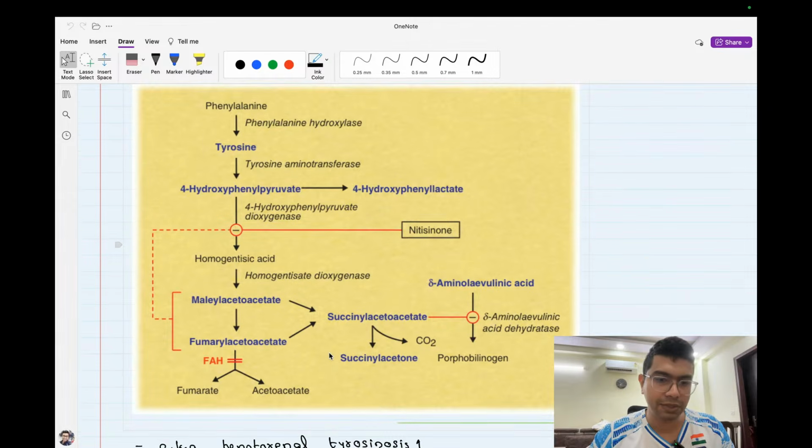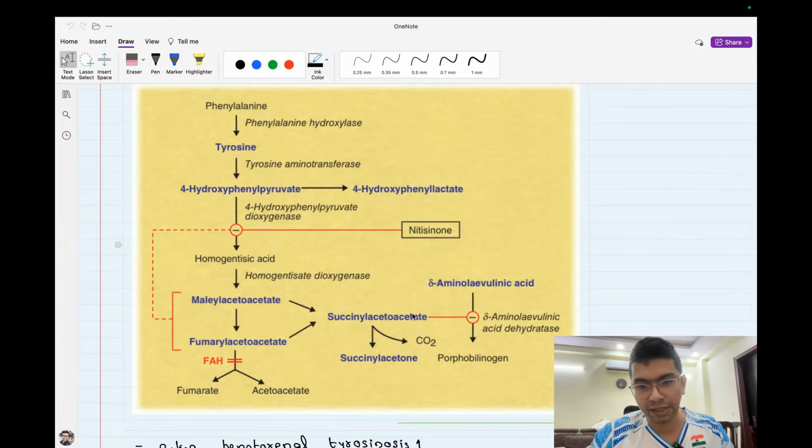Due to the deficiency of FAH, fumarylacetoacetate and maleylacetoacetate get accumulated. It goes into an alternate pathway. I'm sorry, succinylacetone is the biomarker. So maleylacetoacetate and fumarylacetoacetate, through a series of steps, get converted to succinylacetone.